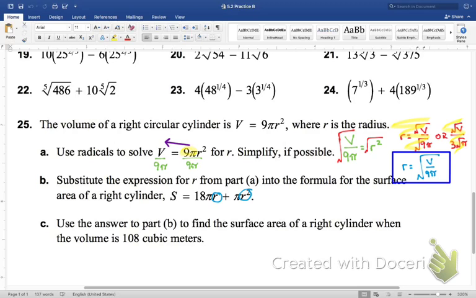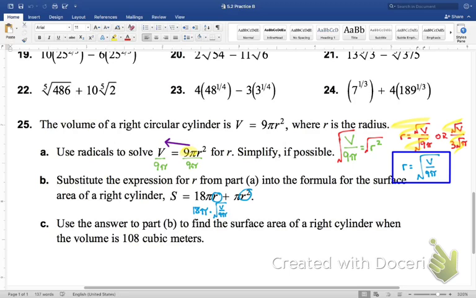Okay, the only one that's really going to simplify here, like if I plug this in and I have 18 times pi times, I'm just going to use the one that I had in the box, the square root of V over 9 pi. I really can't change anything there.